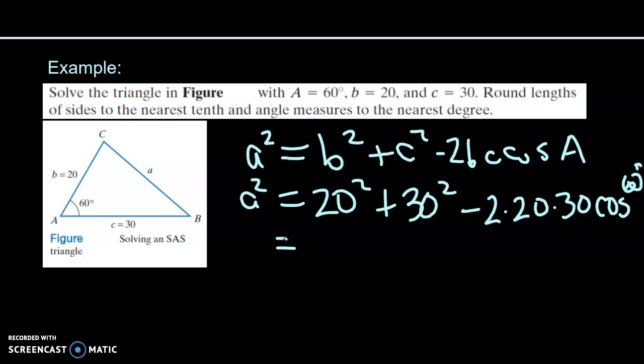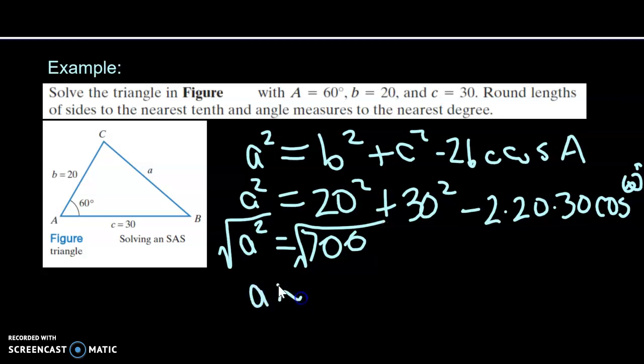When you're all done, you should have that A squared equals 700. That's not A. Remember what we do when we square a number? To find the value, we take the square root. The square root of 700, rounding to the nearest tenth, is 26.5. So we have found A.